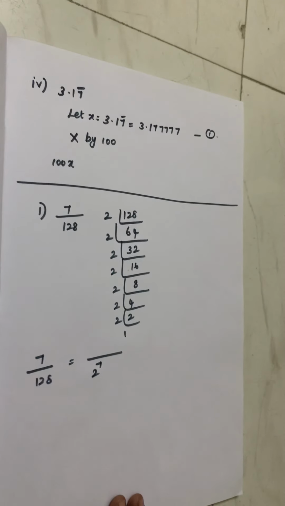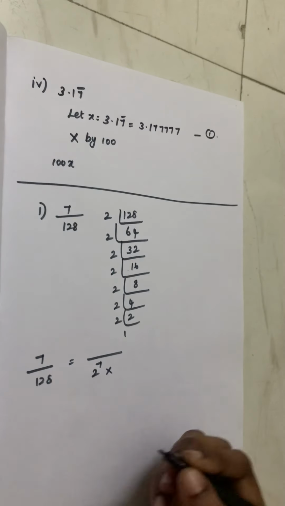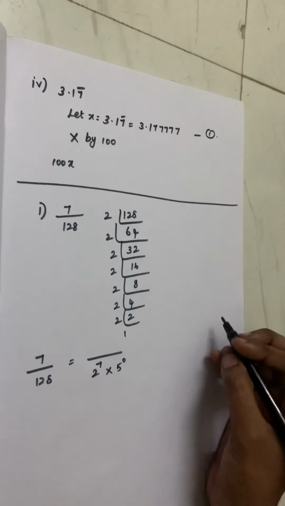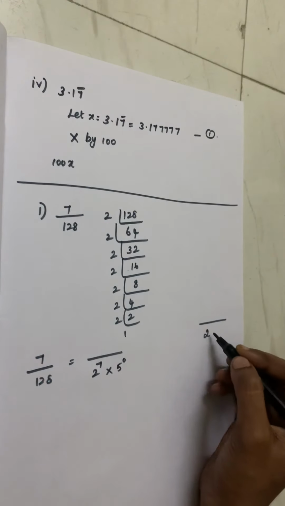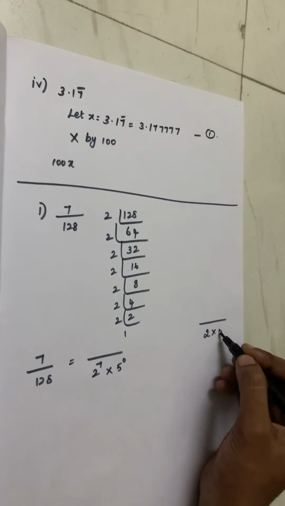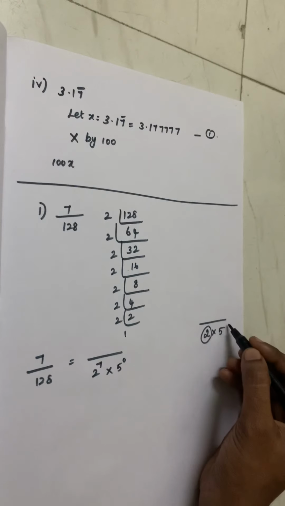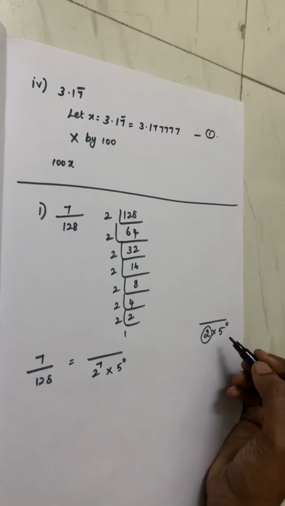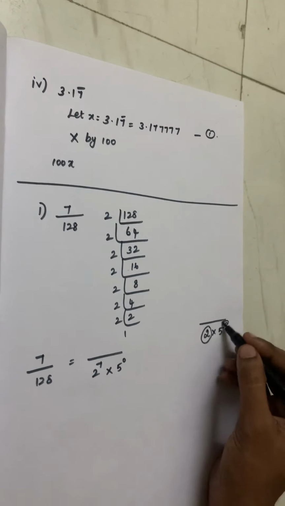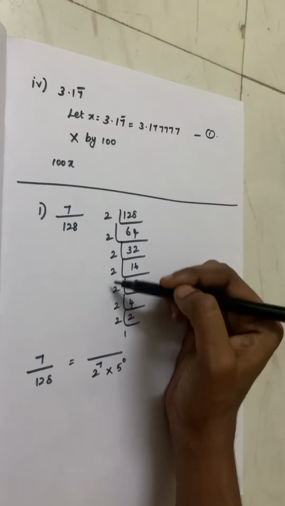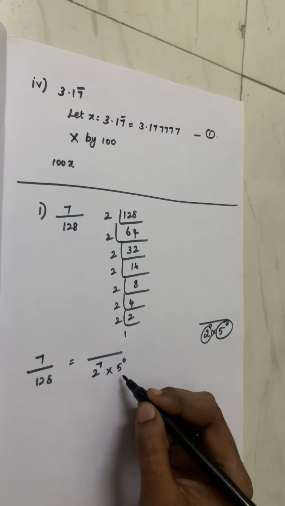You can multiply 2 power 7 by 5 power 0, because your answer should be in terms of 2 and in terms of 5. If the answer comes only in 2, you should add 5 power 0. If the answer comes only in 5, you can add 2 power 0. Here the answer is only in 2, so into 5 power 0.